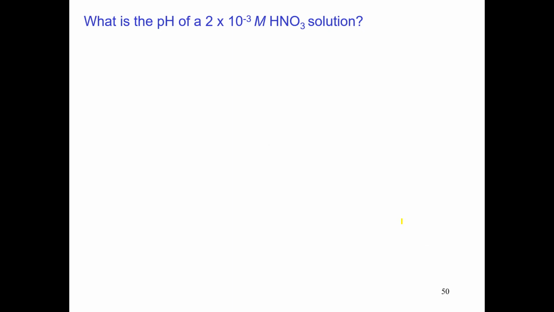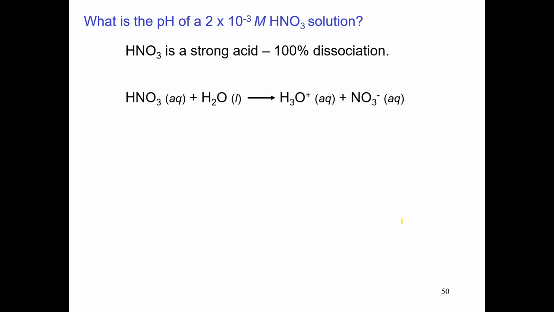So let's say I have a solution that is 2 times 10 to the minus 3 molar in HNO3, which by the time you memorize all this, you will know it's nitric acid. Well, nitric acid is a strong acid. It dissociates to 100%. So when you write the equation for its dissociation or ionization, it's a single forward arrow. So we're going to start at 2 times 10 to the negative 3.